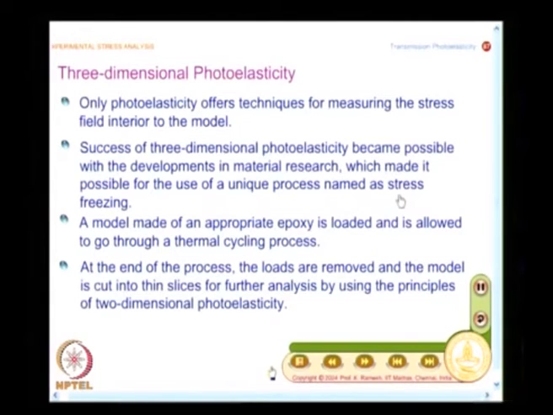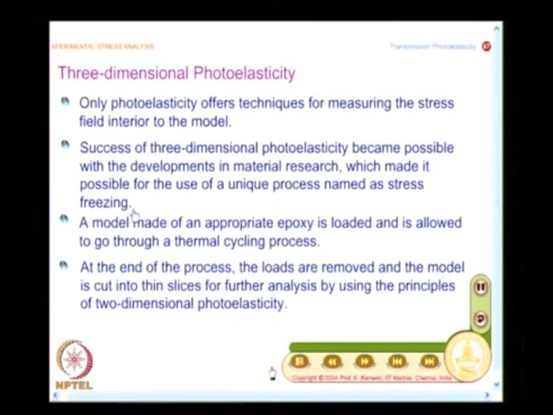So, what do you do in this? A model made of an appropriate epoxy is loaded and is allowed to go through a thermal cycling process. At the end of the process the stresses get locked. You call this stress freezing.